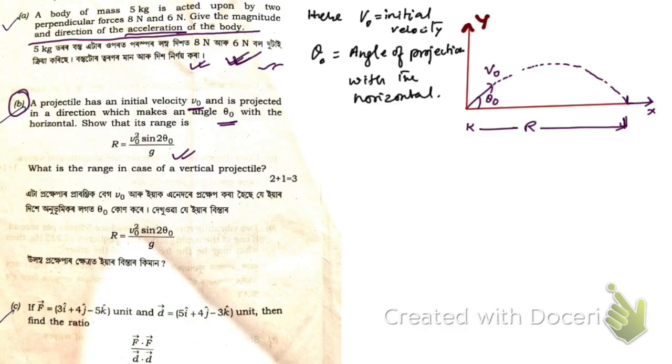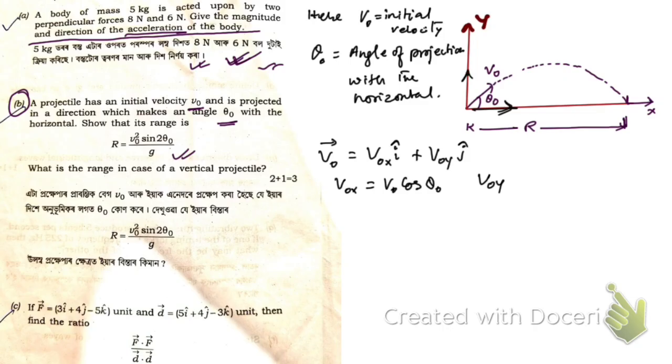Now this v0 will have two components. One is v0x, so v0x i cap, and v0y j cap. We can write it this way, right? So the v0x component will be v0 cos theta naught, and the v0y vertical component will be v0 sine theta naught, right?